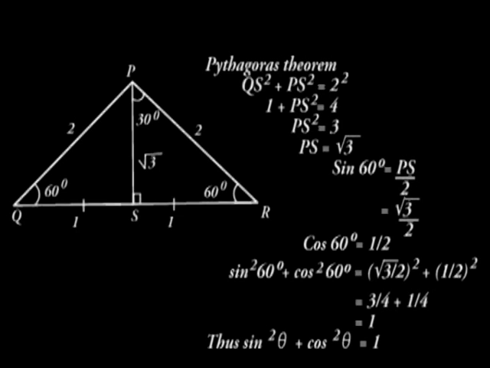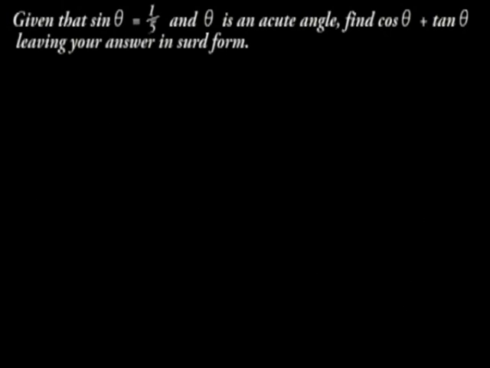Let's take an example. Given that sin theta is equal to 1 over 5 and theta is an acute angle, find cos theta plus tan theta, leaving your answer in surd form. In our solutions, we know that cos squared theta is equal to 1 minus sin squared theta.